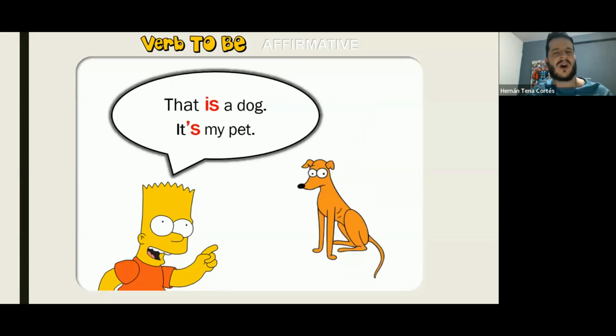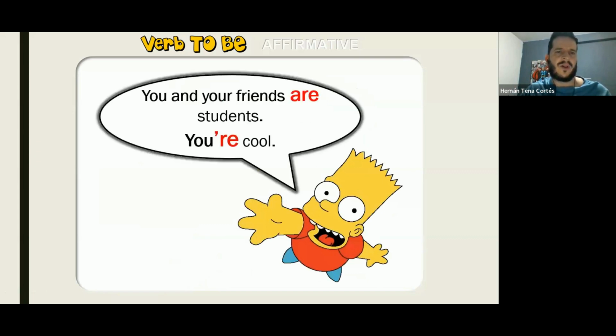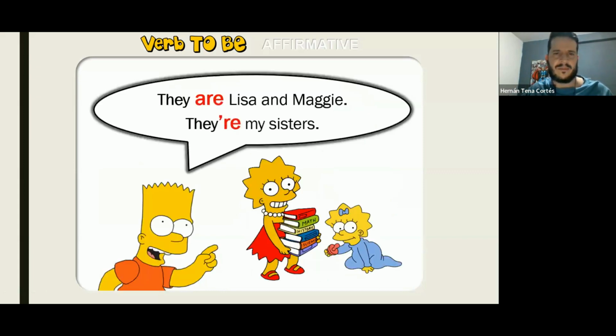That is a dog. It's my pet. We are friends. We're at school. You and your friends are students. You're cool. They are Lisa and Maggie. They're my sisters.